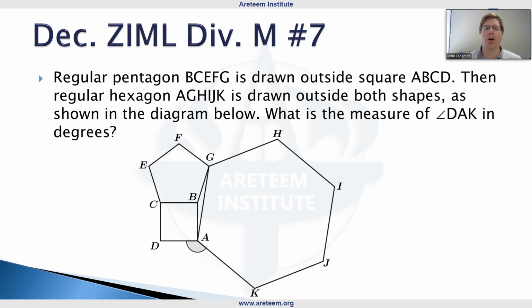So here are the shapes, and we're putting them together like this here, right? So here we have our square drawn, and then sharing a side we have the pentagon. Then putting those together, we have the hexagon. So remember, regular means all the sides and angles are equal.